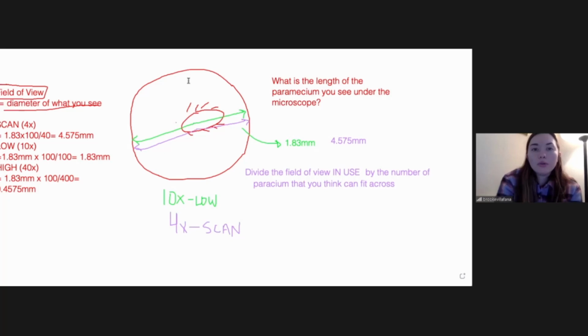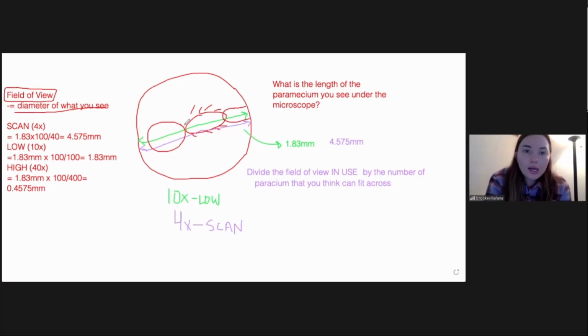So for this question, I'll give us the answer, and then the next one we'll do together. So if we're looking at it, maybe we think 2.5. That's how many I think can fit, so I'm going to go with 2.5.